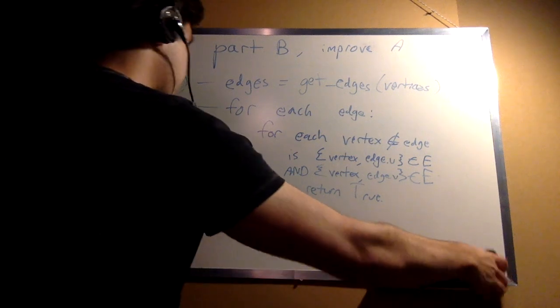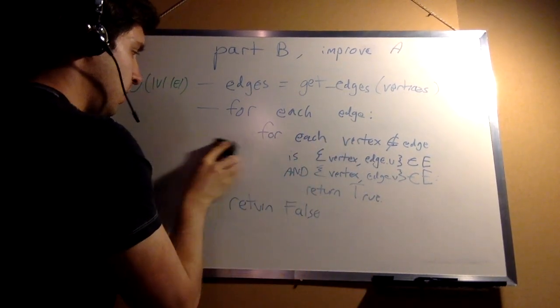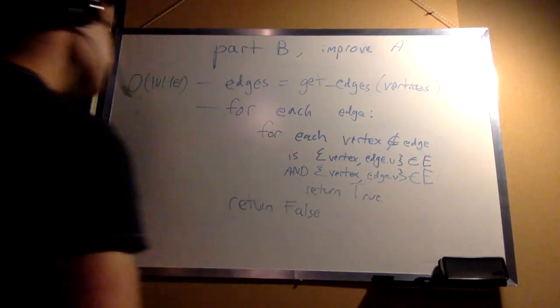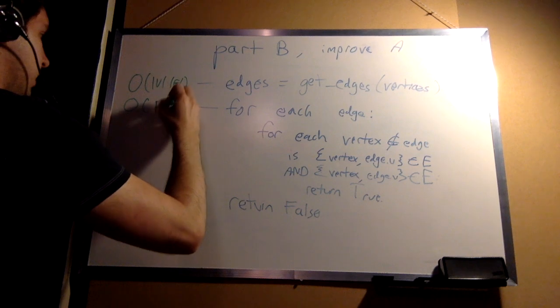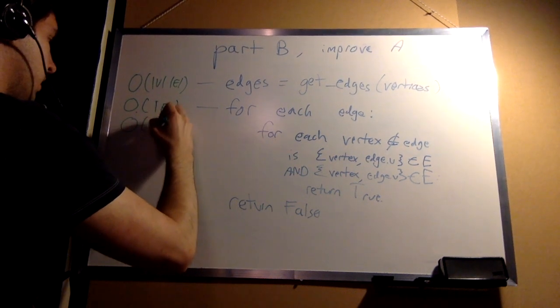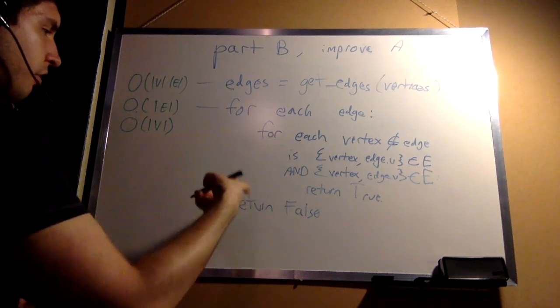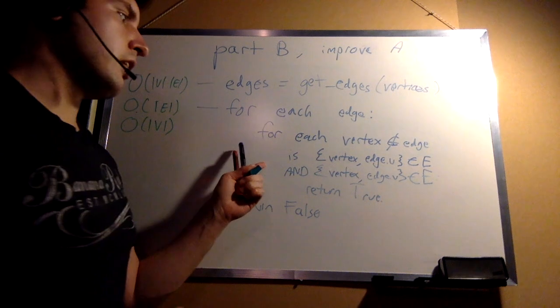All right, so let's examine the runtime now and see if we missed anything. For each edge, that's an O of E operation. For each vertex, that's O of V. These checks are static.